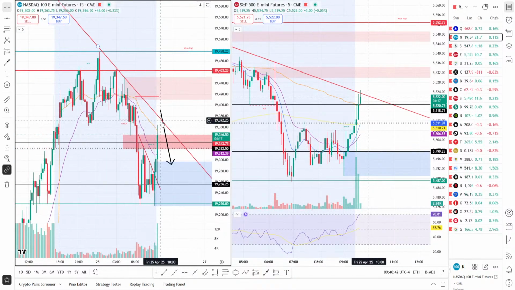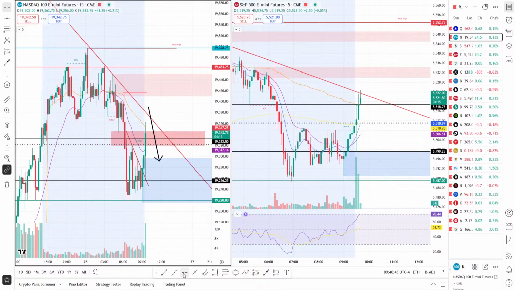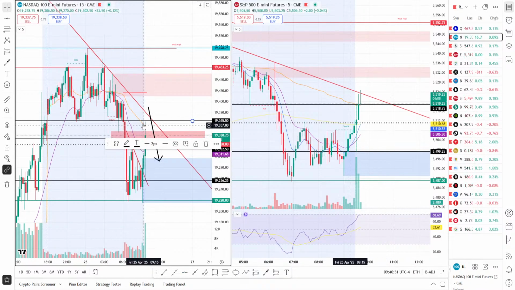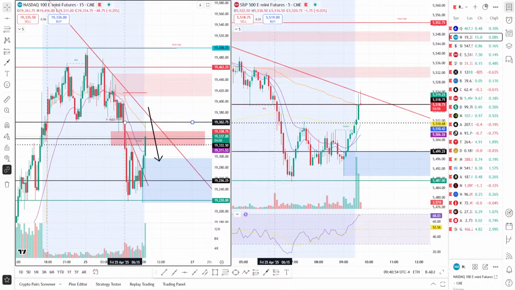Definitely a bullish start to the day. We're approaching the support from overnight, and then we're kind of rejecting it here this morning.